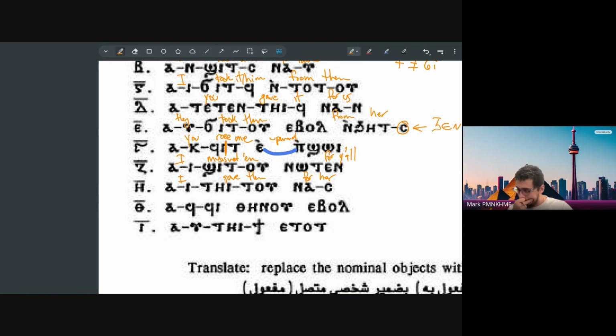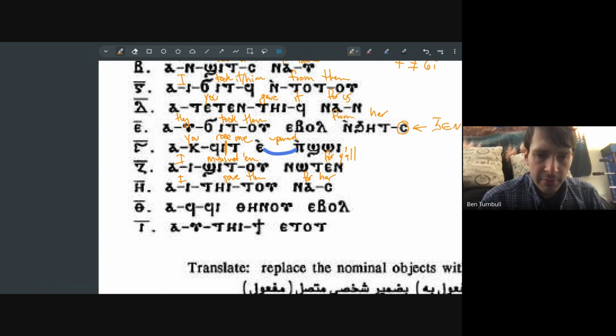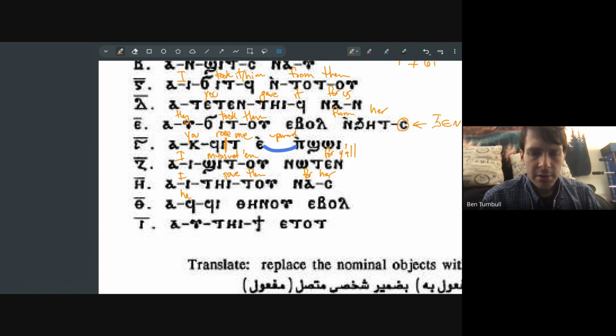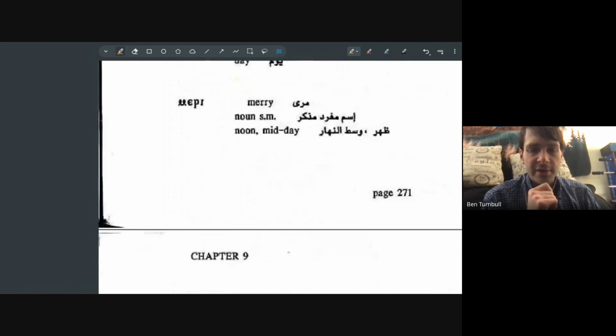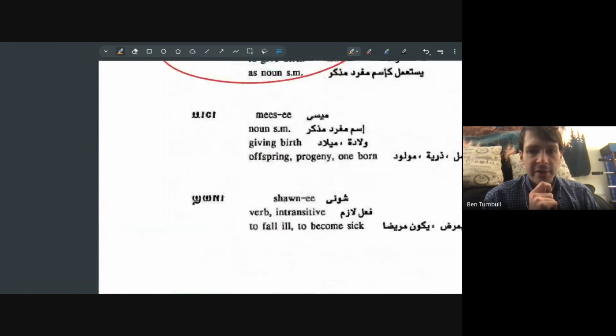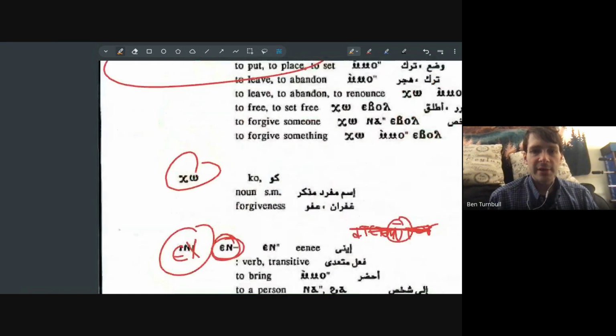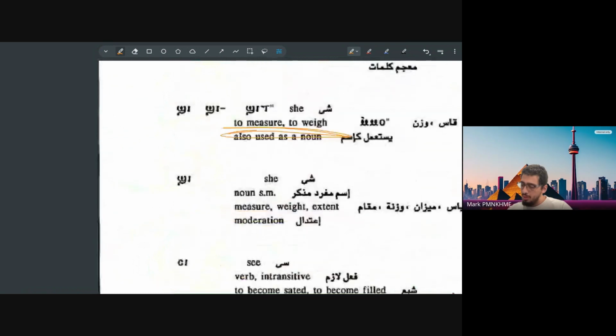So that's he gave. No, not gave. That's D. He took. No, this is carry. He carried, but with Ebol it means sell, right? That's what I'm checking.